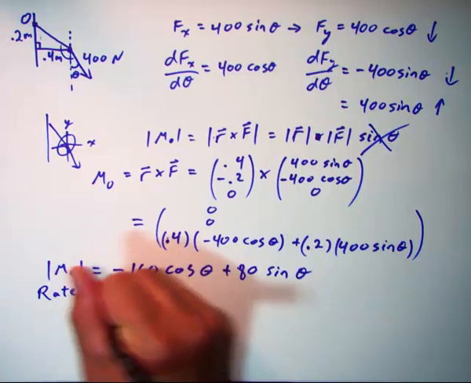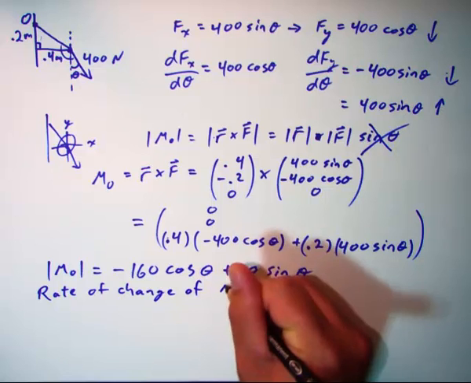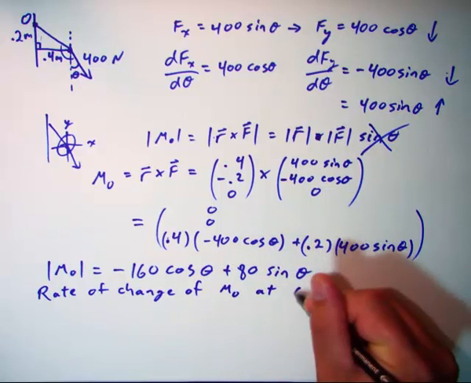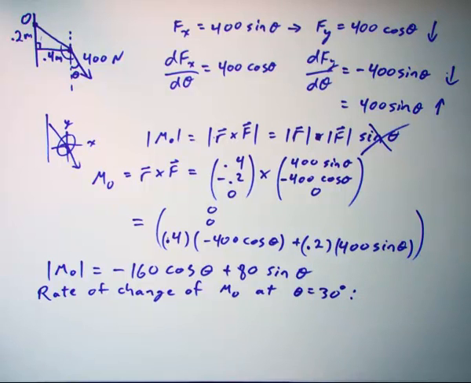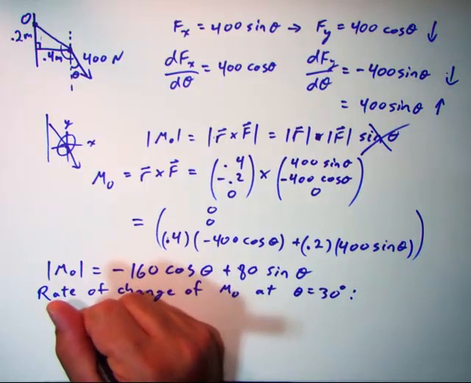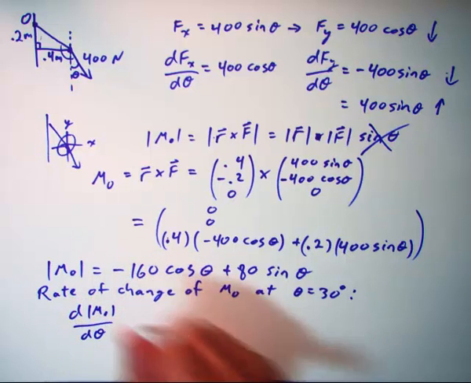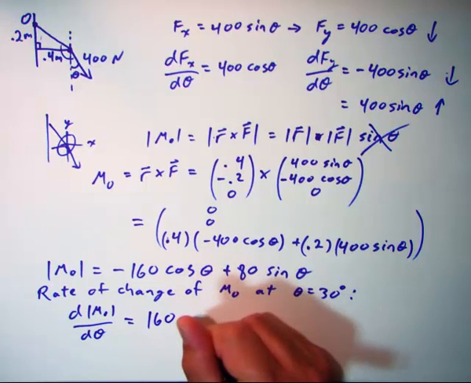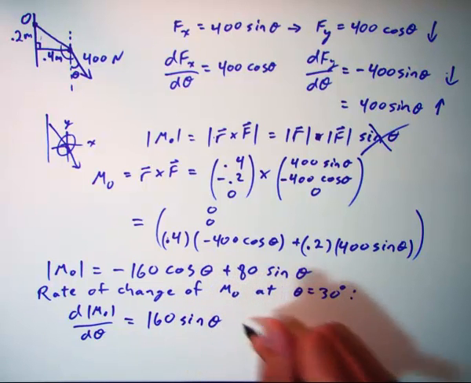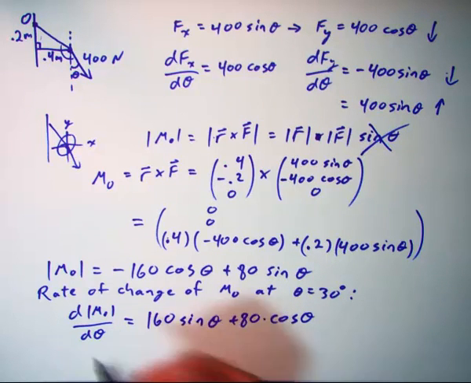So if we wanted to find, say, the rate of change of the moment at theta equal to 30 degrees, the rate of change of this is equal to 160 times sine of theta plus 80 times cosine of theta.